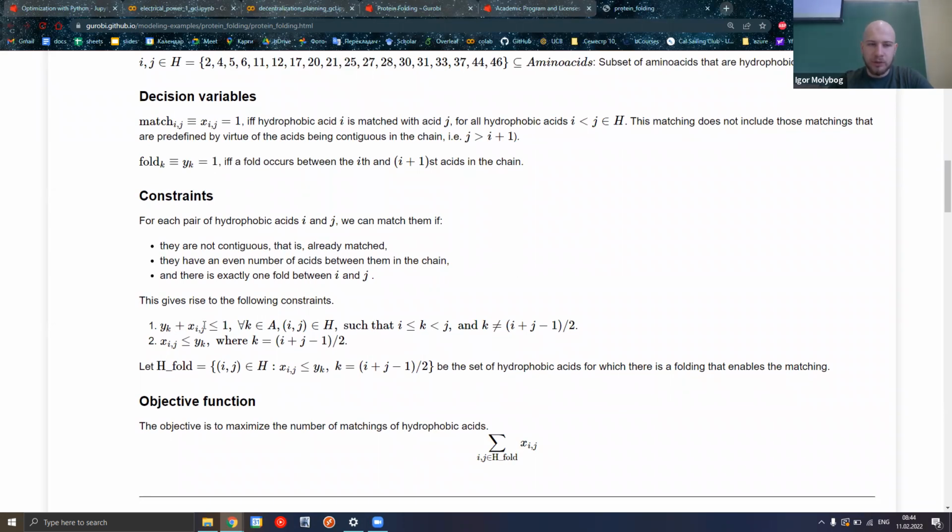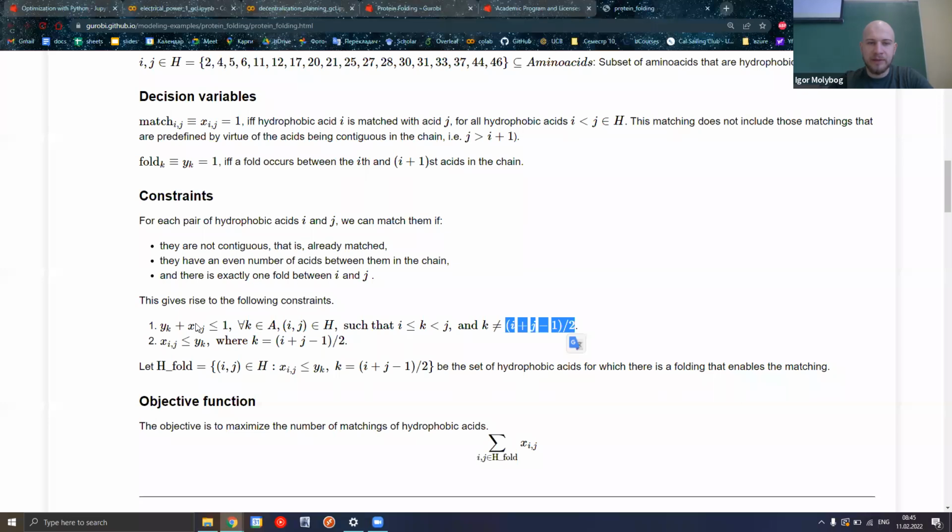You need to make sure that the summation of y_k and x_ij is less than or equal to 1 for any k between i and j, except for probably the middle one.